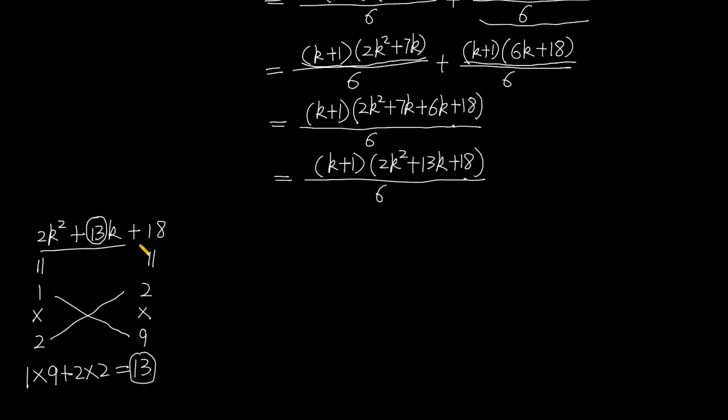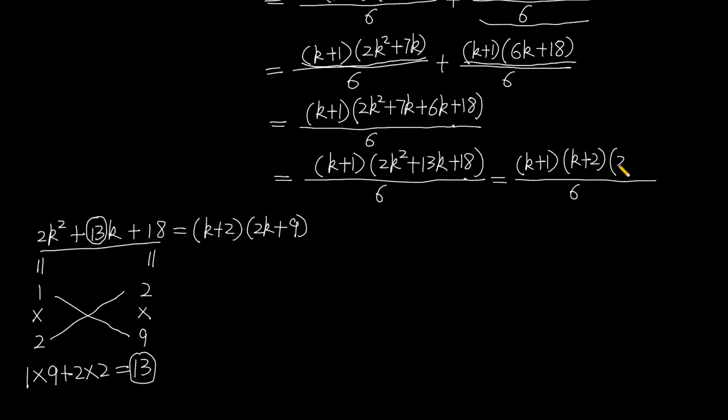So 2k squared plus 13k plus 18 equals (k + 2)(2k + 9). So this equals (k + 1)(k + 2)(2k + 9) over 6.